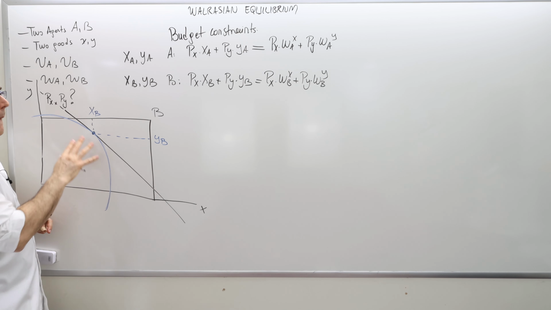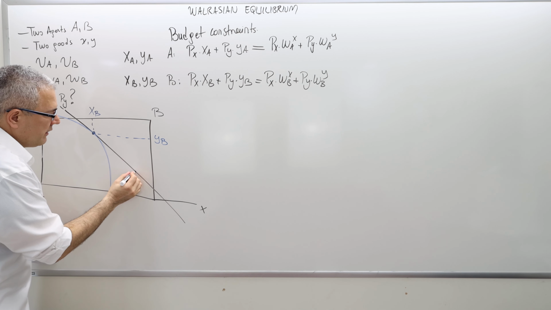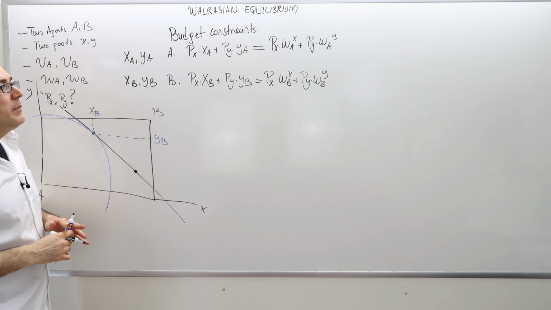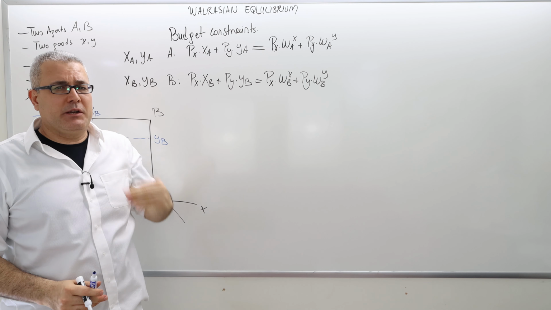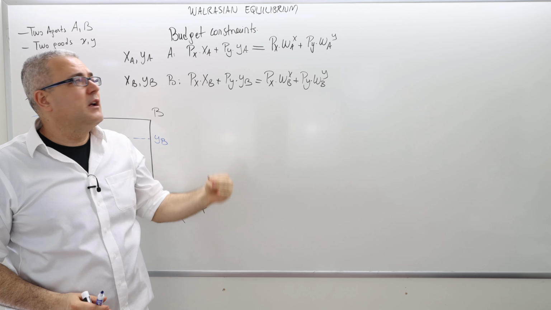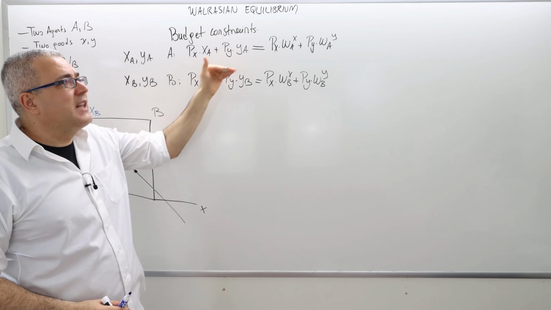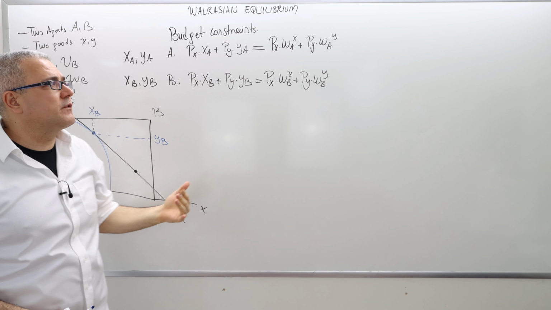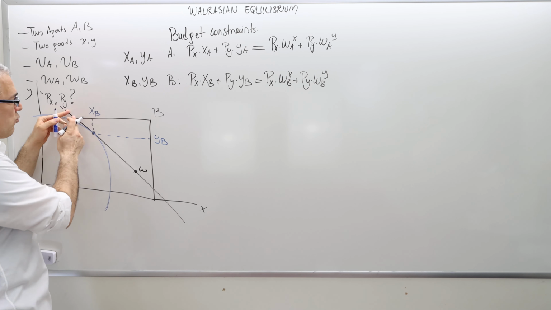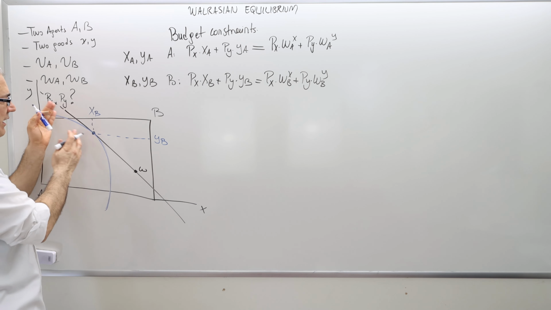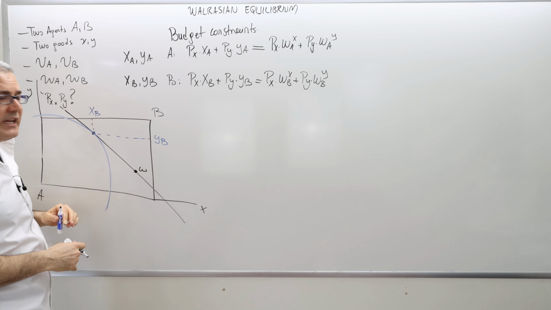Well, the endowment must be on this budget curve, all right? Because we use the endowments to create the budget curve. So therefore, the endowments does satisfy the budget curve, all right? So once again, somewhere on this line, all right? Where exactly, I don't know, but let's suppose it's here.